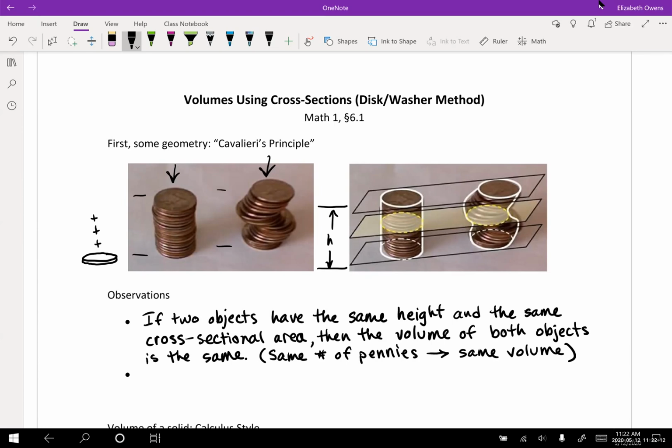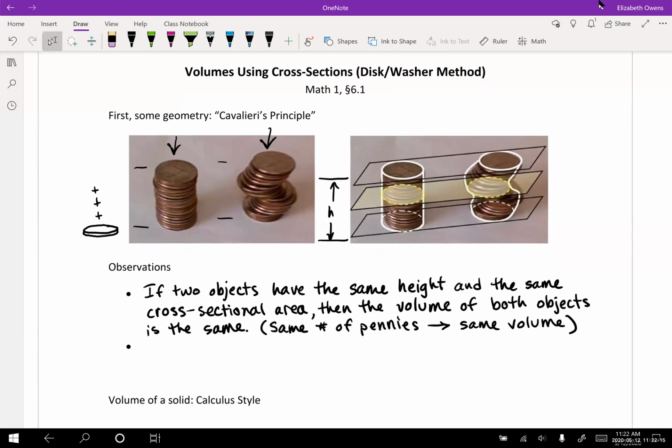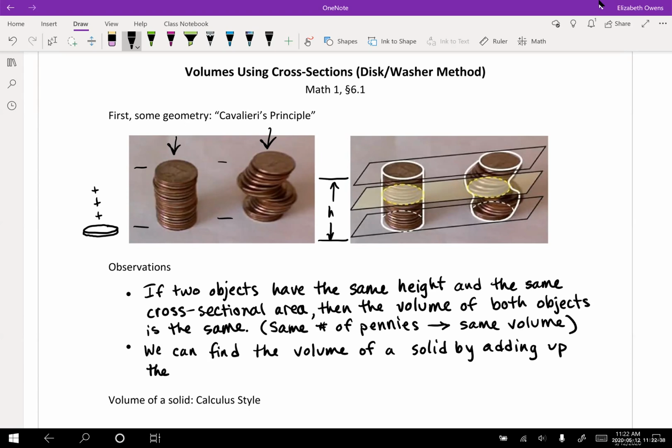So yeah, that's the idea that we're going to use here for doing our volumes with cross sections. So we can find the volume of a solid by adding up the individual little volumes of a lot of cross-sectional slices.